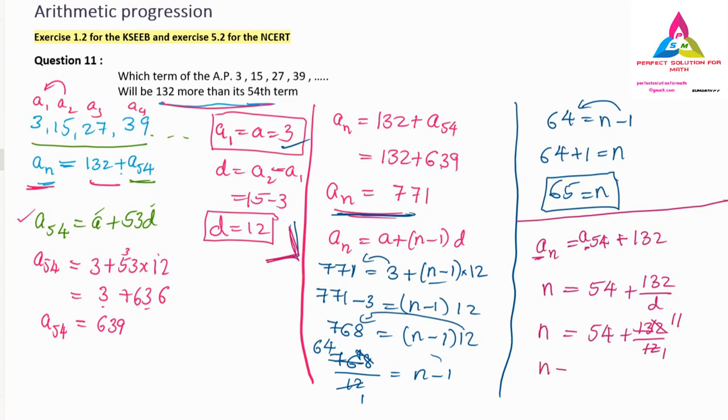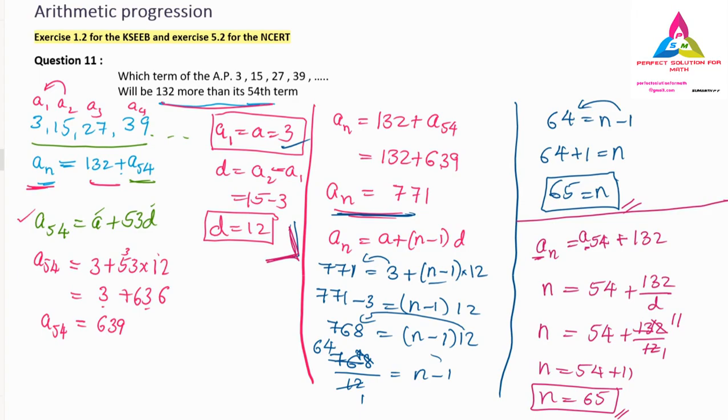So here left is n equals 54 plus 11. So n is equal to 65. So you can verify your answer, n is equal to 65. Here also n is equal to 65. Both the answers are correct. But we need the d value here. So this is only for your verification. Understand the concept and how to find, you can solve this.